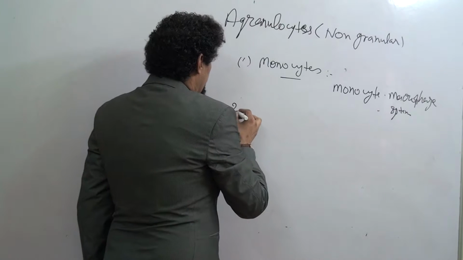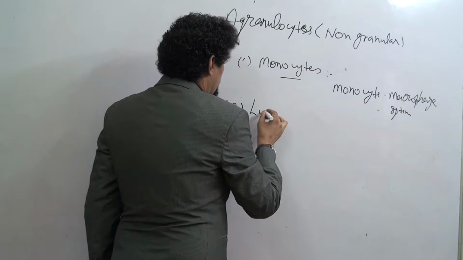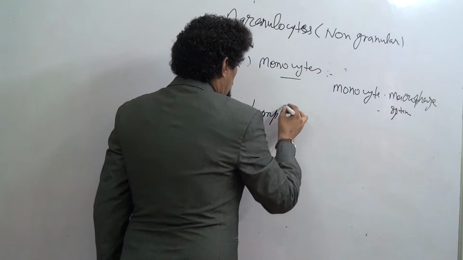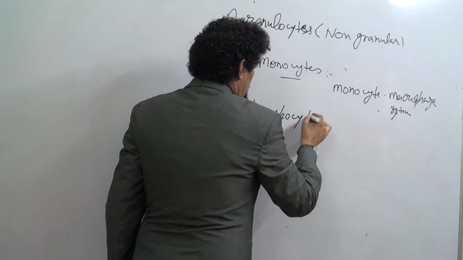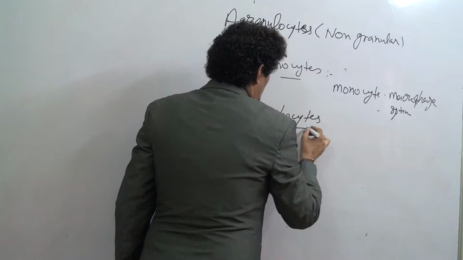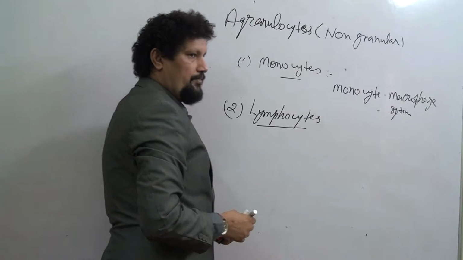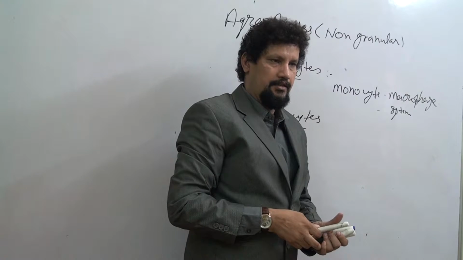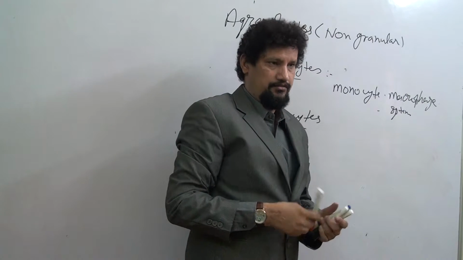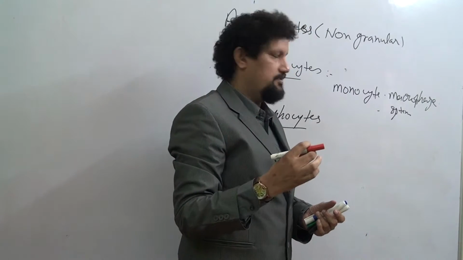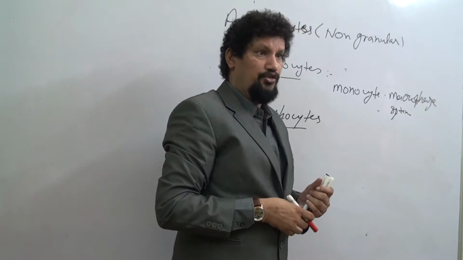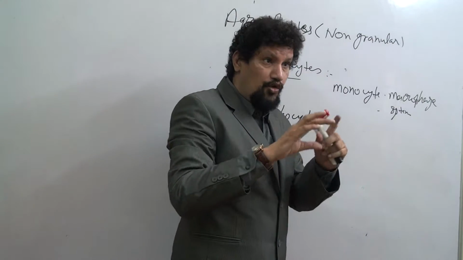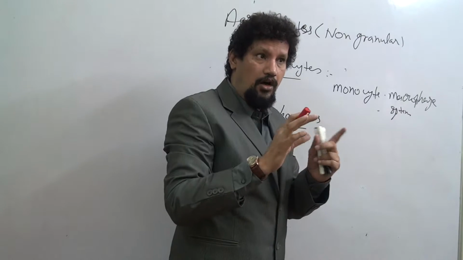The second type is the lymphocytes. The lymphocytes are slightly larger than the RBCs, and the nuclei, or in single cell I will call the nucleus, occupies almost all the cell.